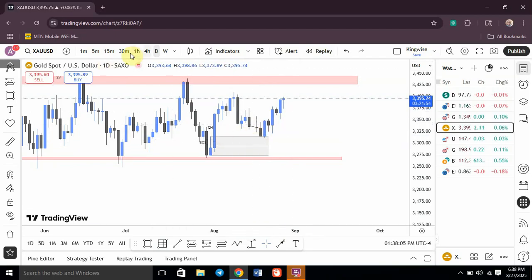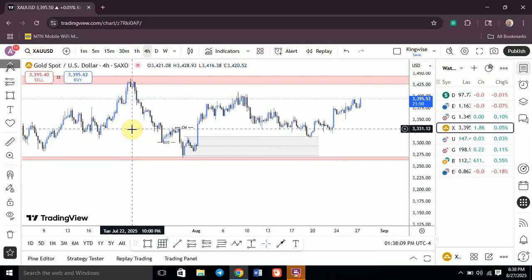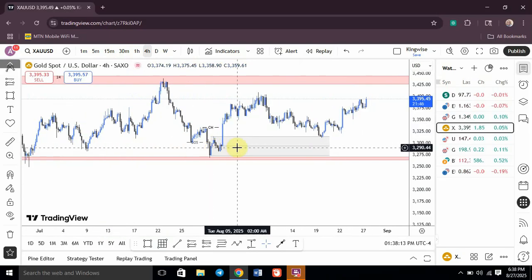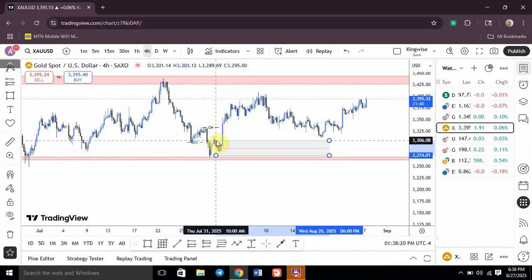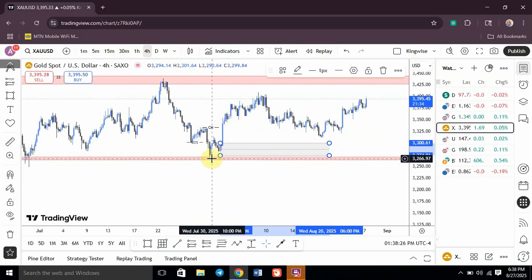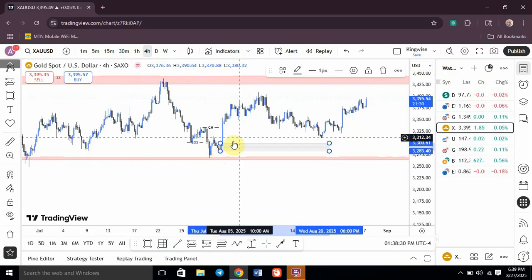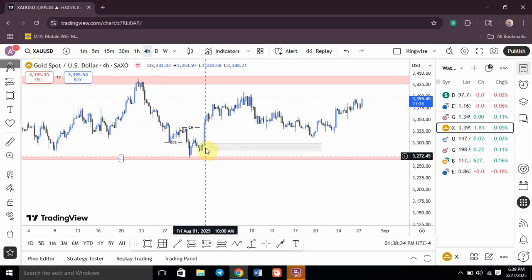So go down to the 4-hour time frame. From the 4-hour time frame, if we are to refine that one daily order block, we'll discover that market has not yet come to the order block here, which happens to be this last candle here before the imbalance.